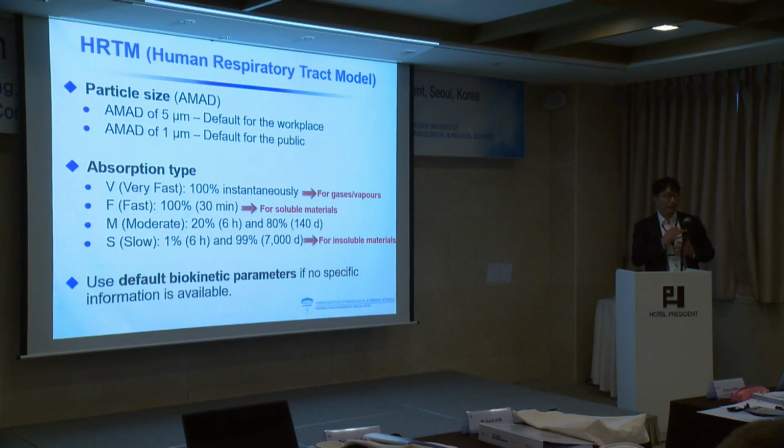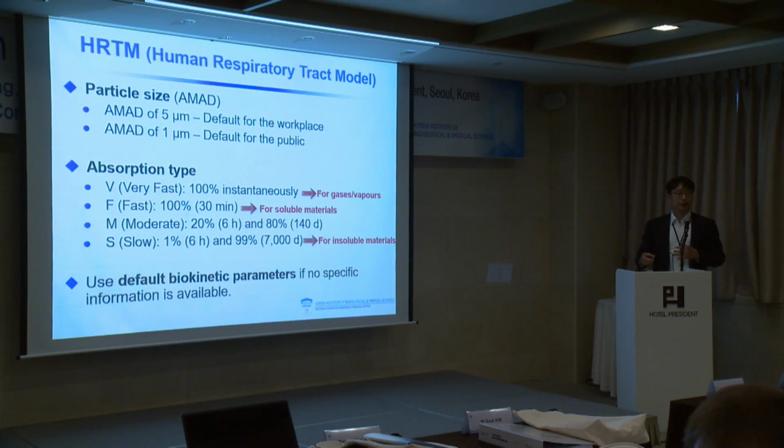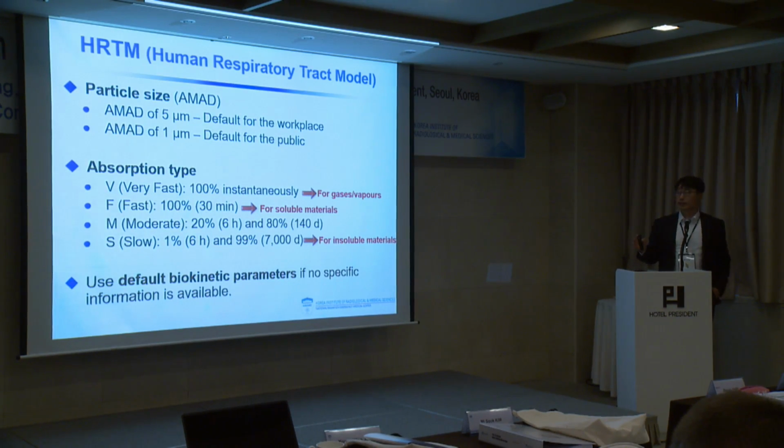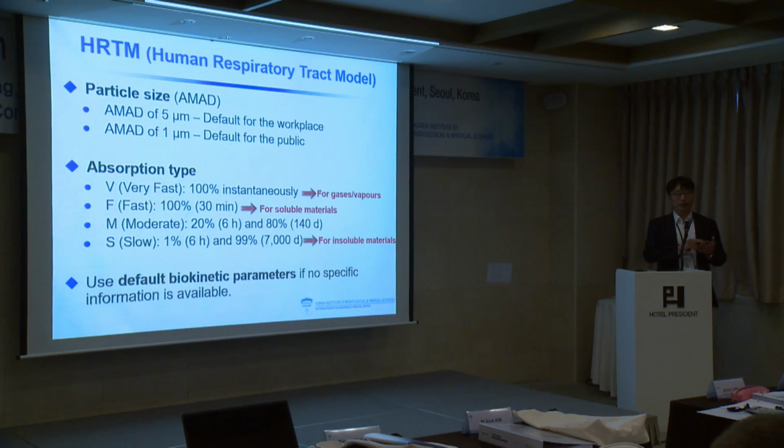And in the human respiratory tract model, to describe the inhalation of the radionuclides, we have to consider the particle size and the absorption type of the radionuclides. So for particle size in ICRP, we just use the AMAD, which stands for activity median aerodynamic diameter, which means the diameter of the aerosol, including some radionuclide, which have the median activity.